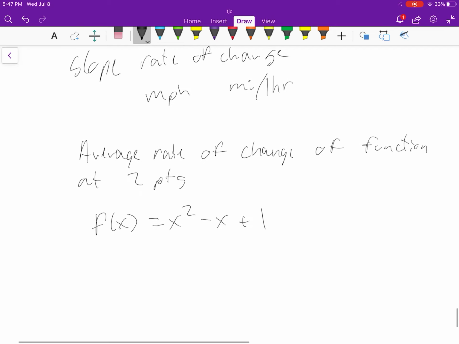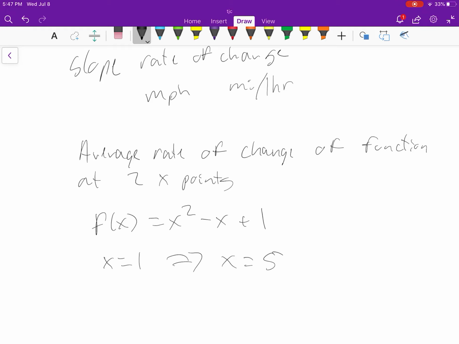And then we have 2 x points, not paired points. Let's say we want to find the average rate of change when you go from x equals 1 to maybe x equals 5.